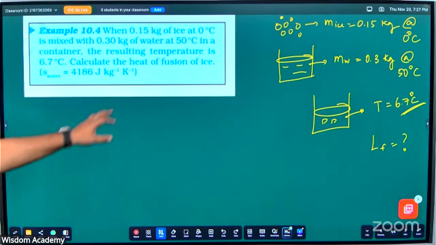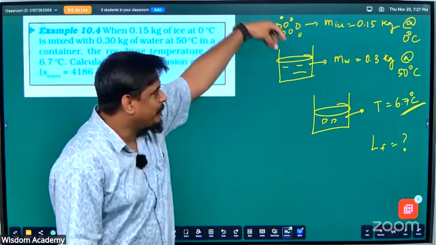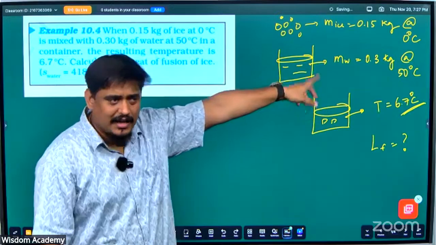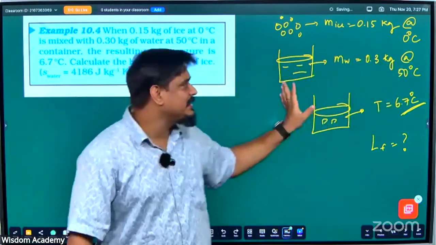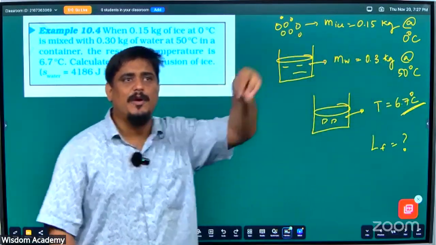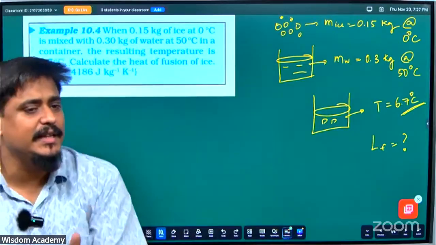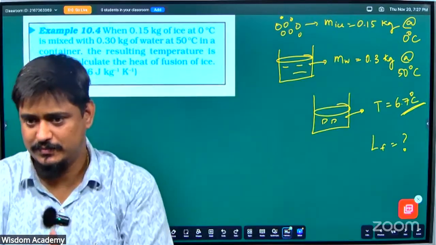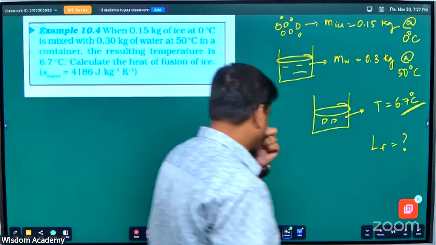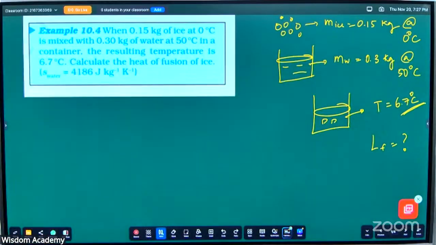The question is, you have 0.15 kg of ice, you are dropping it in 0.3 kg of water. Ice is at 0 degrees, water is at 50 degrees. After you add it, what is the resulting temperature of the mixture? That they gave. They're asking to find the latent heat of fusion. Okay, let us see what will happen.